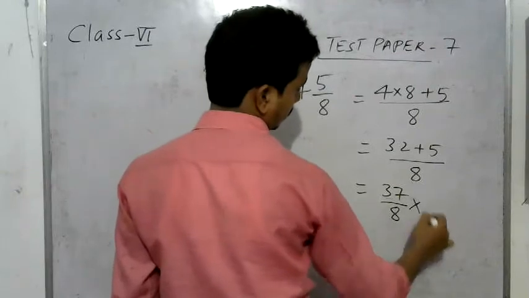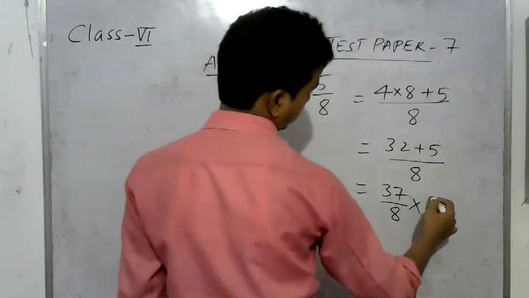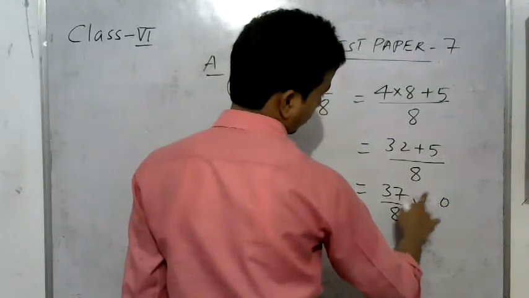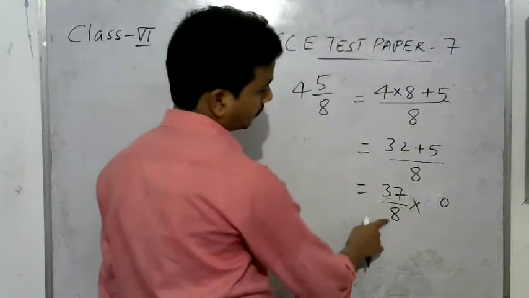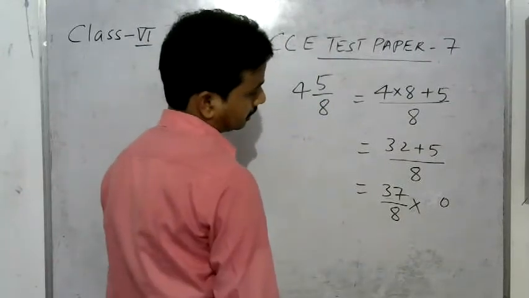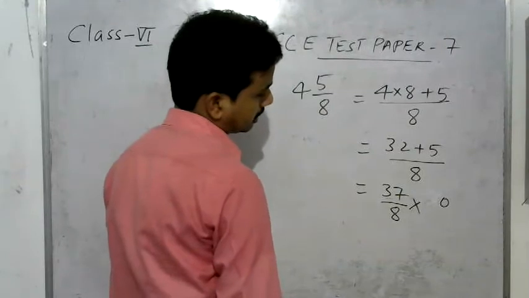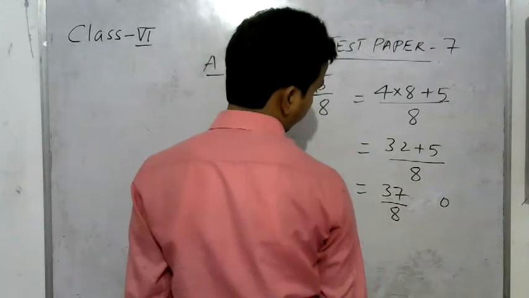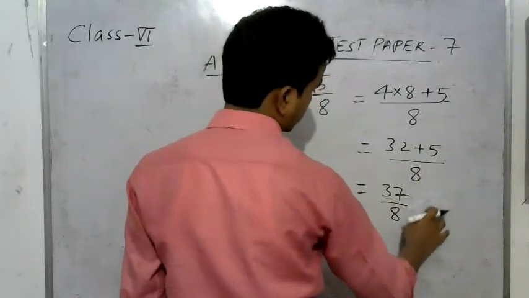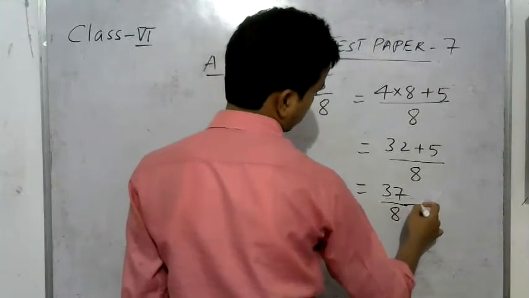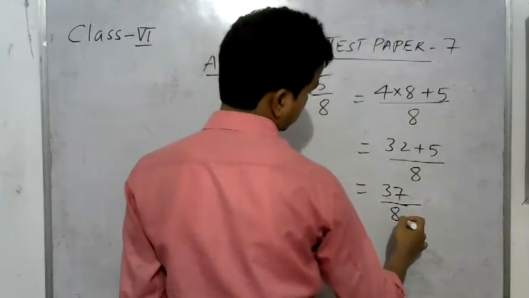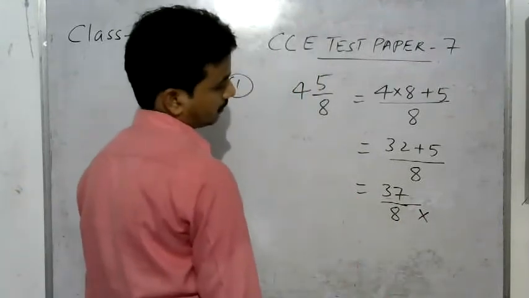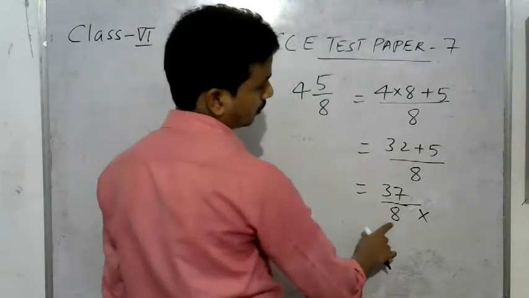So, here we can multiply numerator and denominator by... if we want 10 here, then we can multiply denominator with... it is 2 cube.